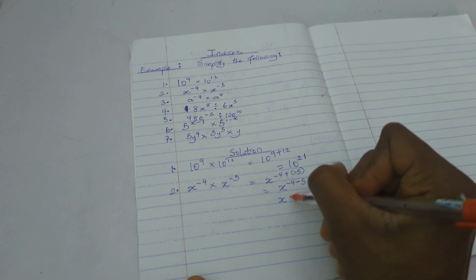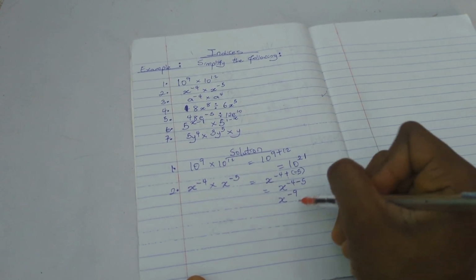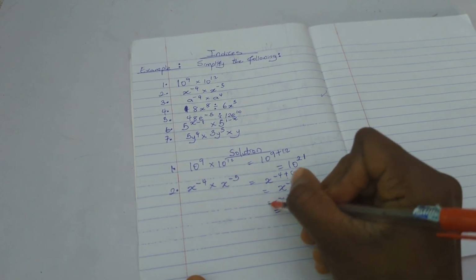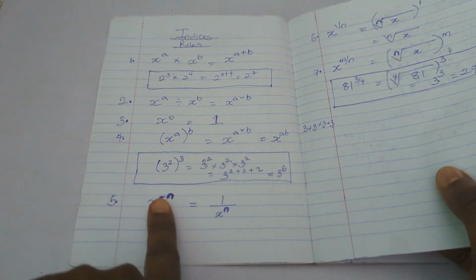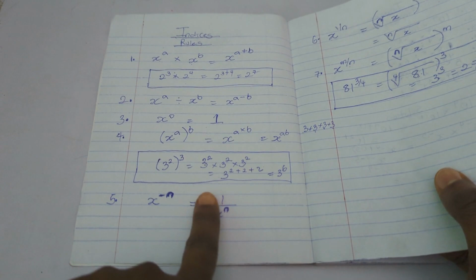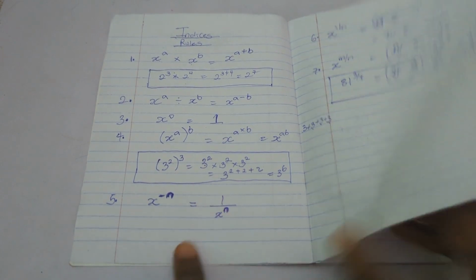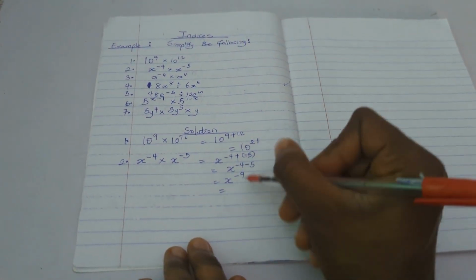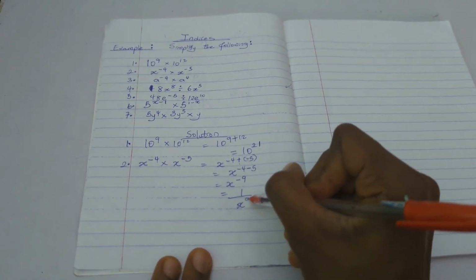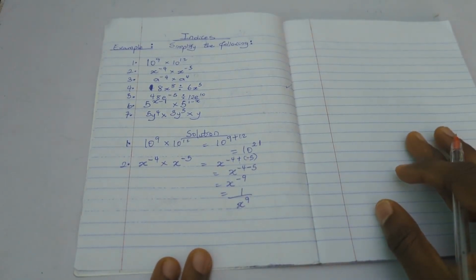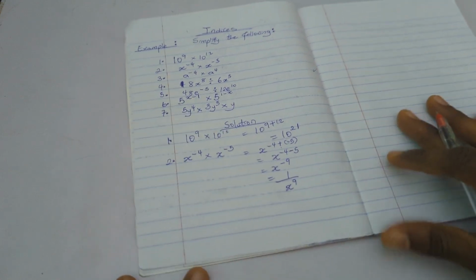So x raised to the power of minus 9 is what we have. Okay, so remember that when we have x raised to the power of minus here, we have to take it as 1 over the remaining terms. So that's going to give us 1 over x to the power of 9. That's the final answer.